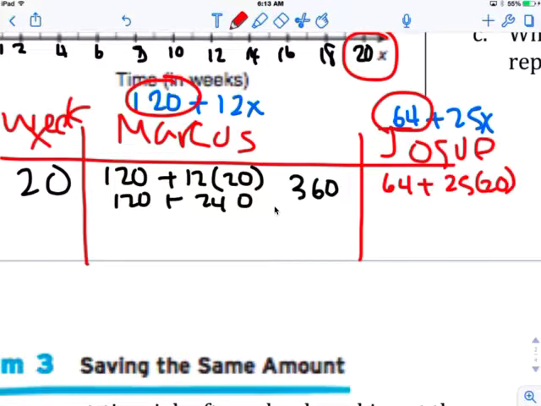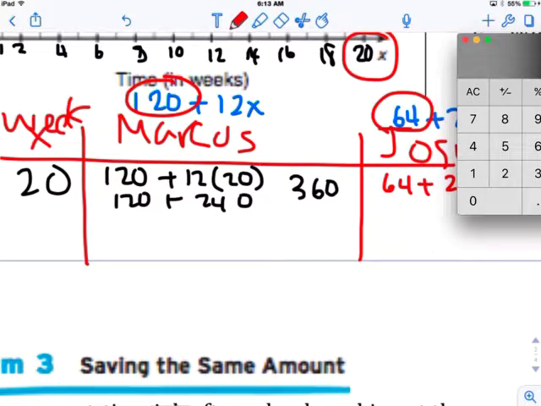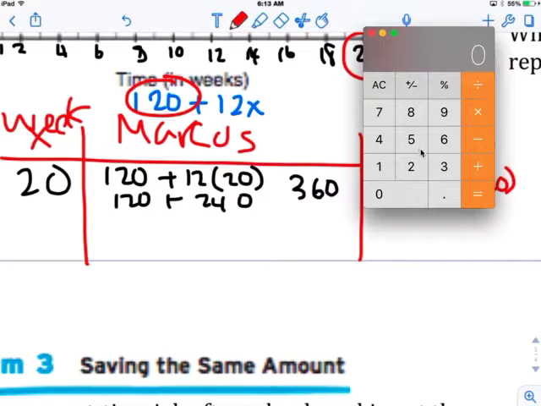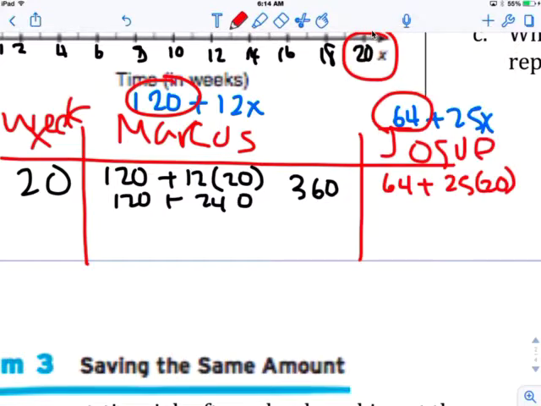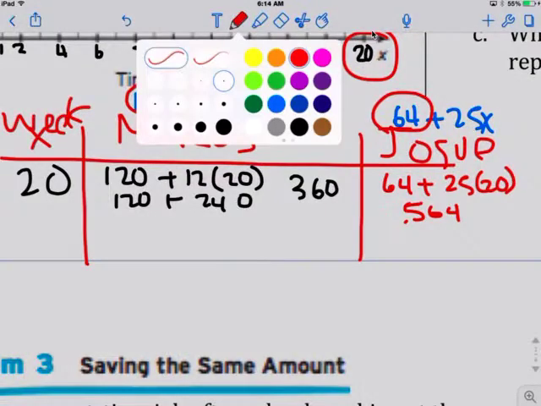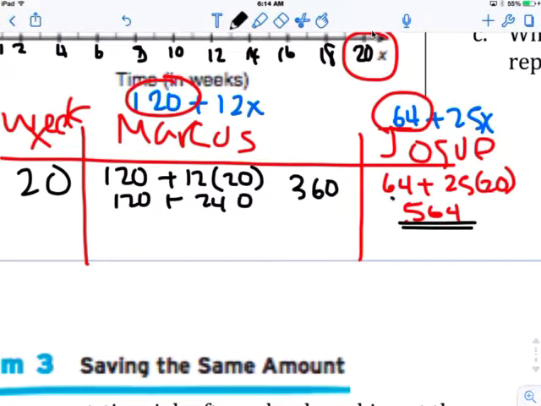That's 25 times 20, 500. Hey, it's more than enough. Just want to make sure I'm doing the math right. 25 times 20 plus 64, 564, right? Yep. Josue will be more at 20 weeks. So we are good. We're going to choose 20.